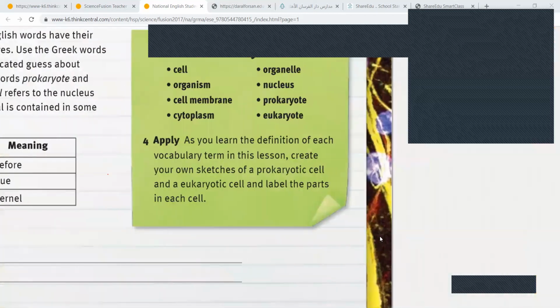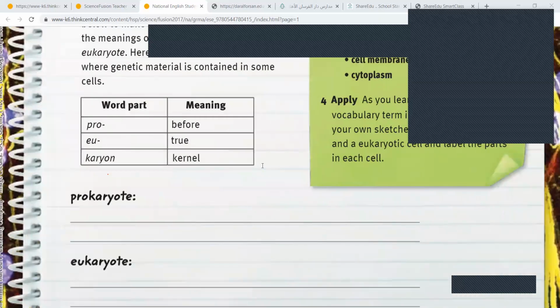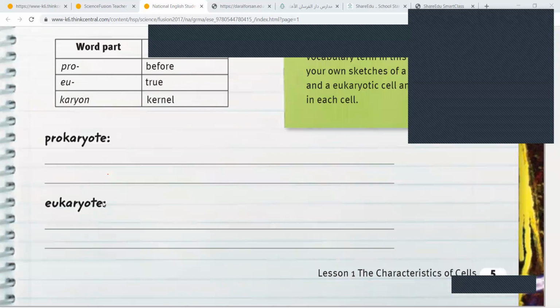Now, coming to the vocabularies: cell, organism, cell membrane, cytoplasm, organelle, nucleus, prokaryote, and eukaryote. Here we will be discussing the definitions of prokaryote and eukaryote.